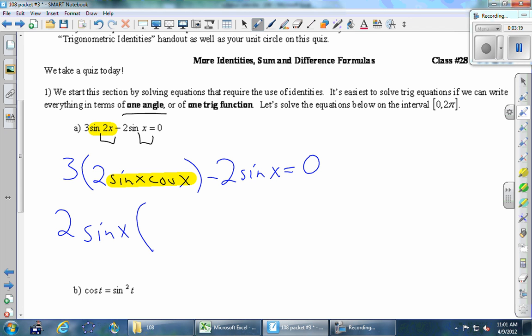Okay, what's still in the first set? We have a 3. We also have, when you factor out 2 sine of x from that term, just 1.